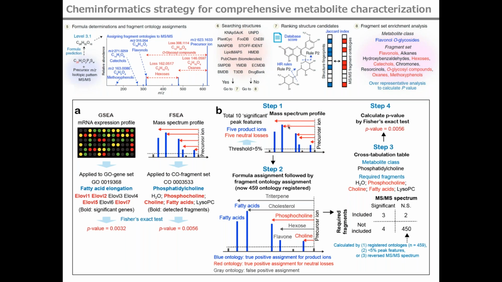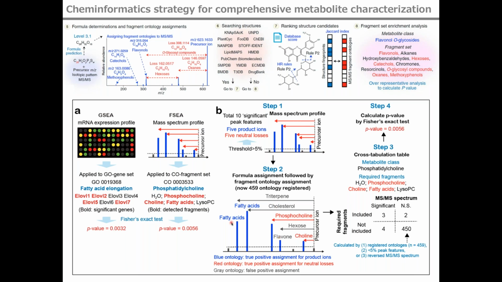Fragment ontologies are assigned by the fragment database that I presented in the last slide to the significant peak list. The assigned ontologies should include true positive and false positive assignments. Please imagine that the correct ontology of this spectrum is phosphatidylcholine. Therefore, triterpene, cholesterol, and flavone ontologies are recognized as false positive assignments.